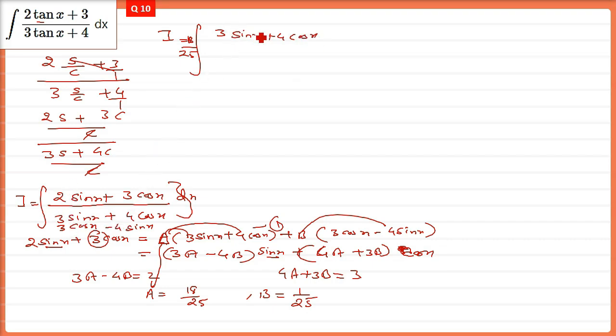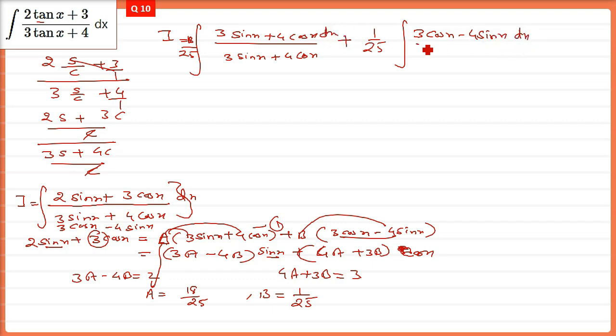And it has the same denominator, so just write the same term, 3 sin x plus 4 cos x here. What is the next term? What is b? I told you it will come as 1 by 25. So just write 1 by 25, integration of the differentiation of the denominator, (3 cos x minus 4 sin x) divided by (3 sin x plus 4 cos x), all with dx.